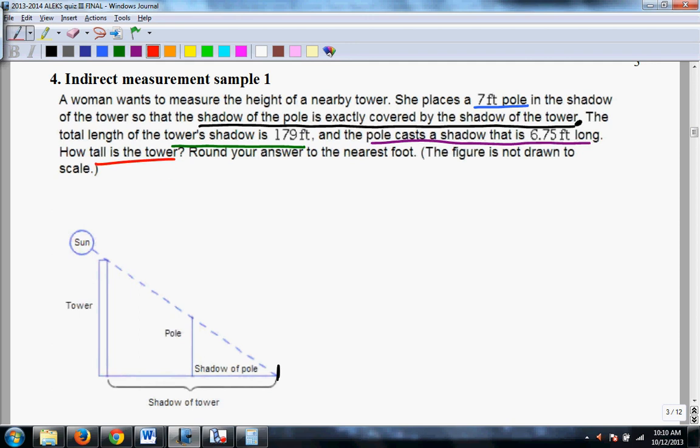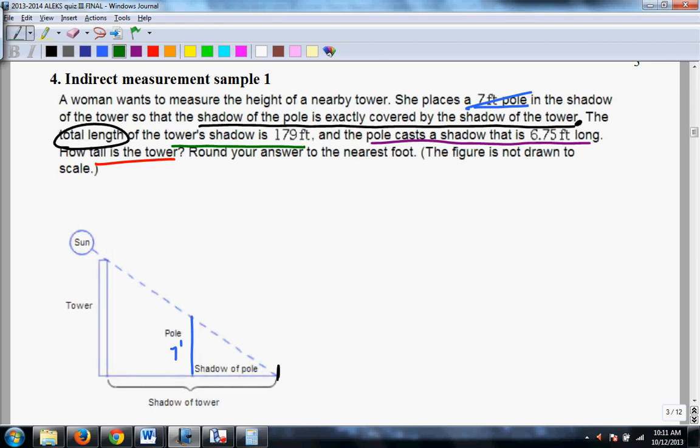First thing you want to do is label everything very carefully. She places a 7-foot pole, so this is 7 feet. And it says right here, the total length of the tower shadow is 179 feet.